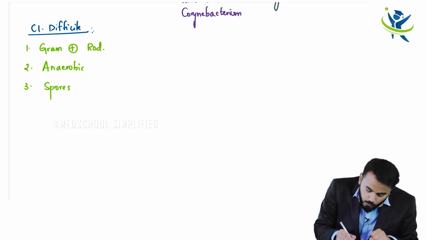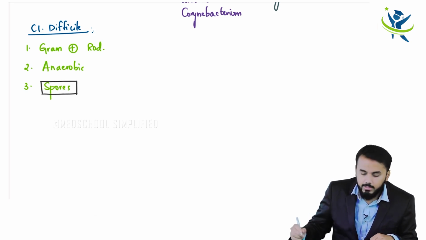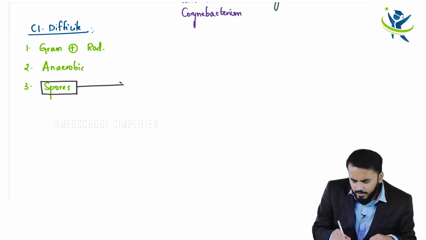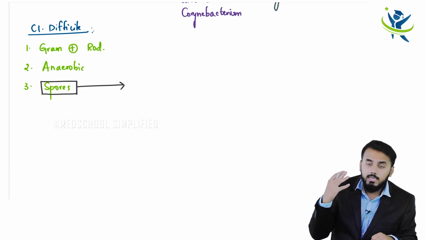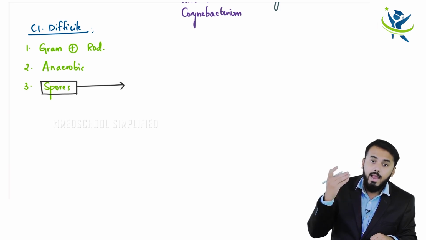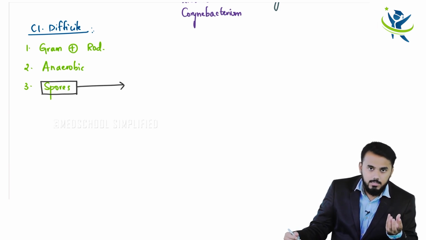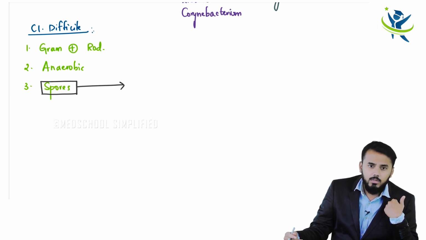Now, when you discuss spores, what is the one important thing you have to discuss? I have been repeating this again and again: spores are heat stable and chemically stable. For example, if I get dehydrated and do not receive fluids, then I die immediately.